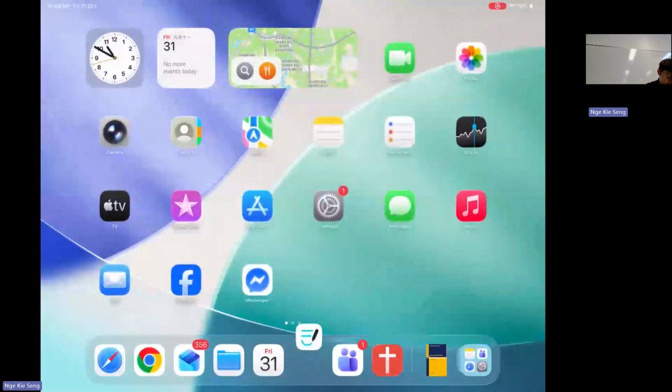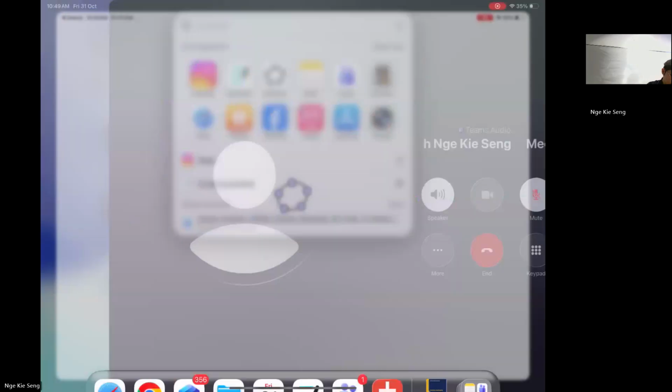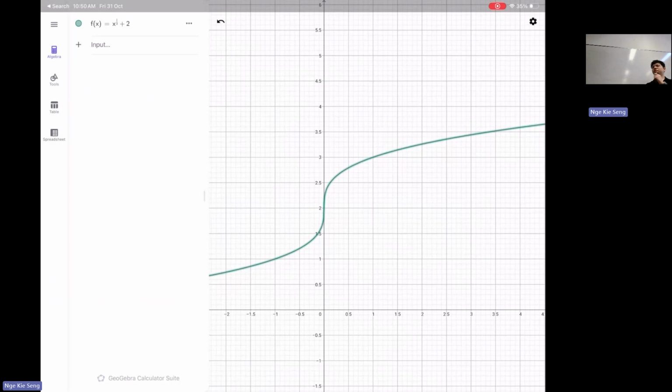Let's try GeoGebra. x to the 1 over 3 plus 2. Wow, GeoGebra is better. Okay, so can you see the inflection point here? If you draw a tangent line on one side, it will stay above. The tangent line on the other side will stay upward. Is it right?